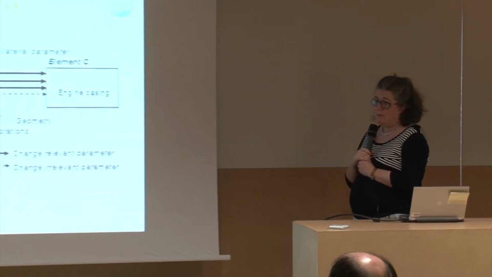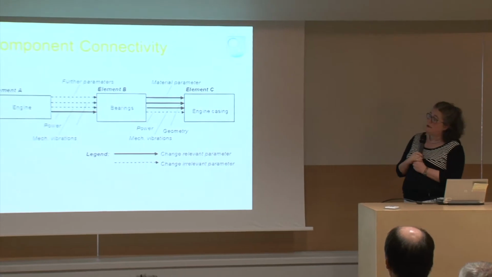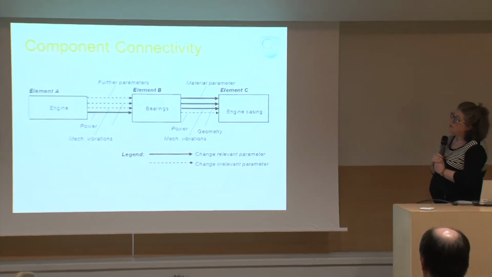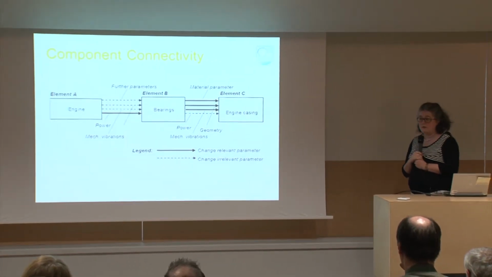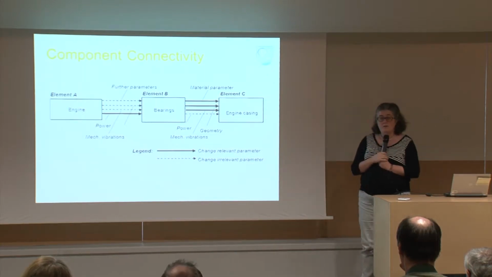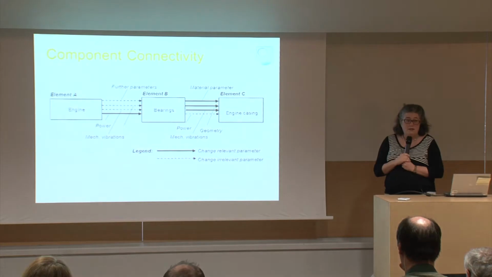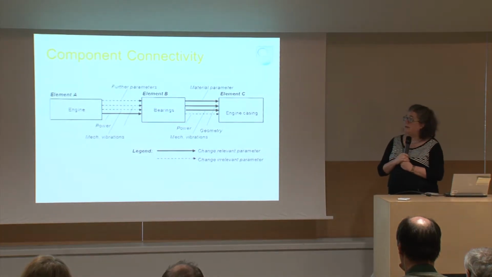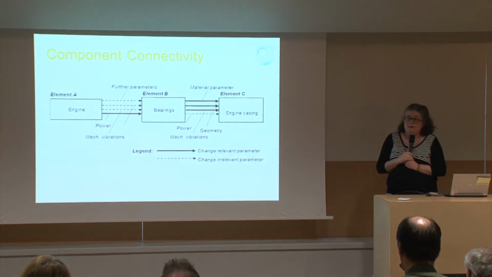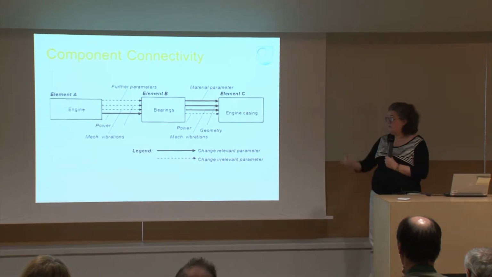So if you look at changes, it's of course not a simple picture when a change will propagate from one component to another, because all components are linked through a number of different parameters. And of course, only if a particular parameter is affected, the change would propagate. For example, something might get bigger and it's a geometrical change, but it might not affect the thermal properties or something like that.